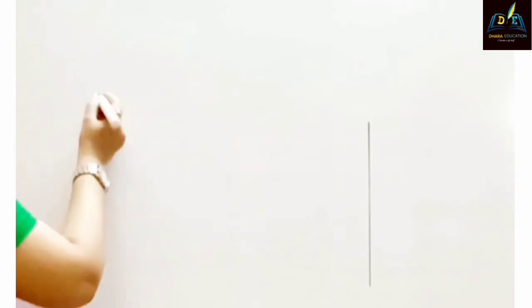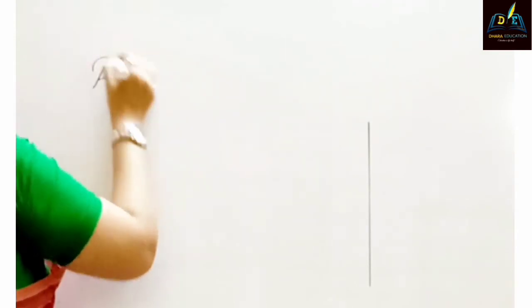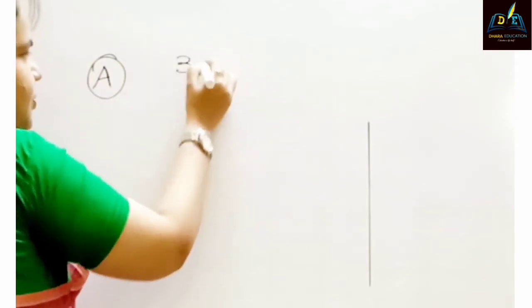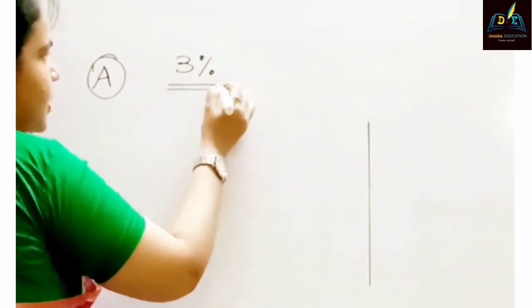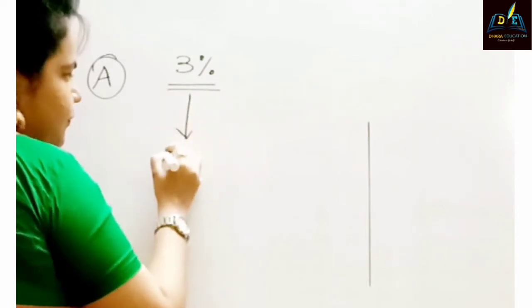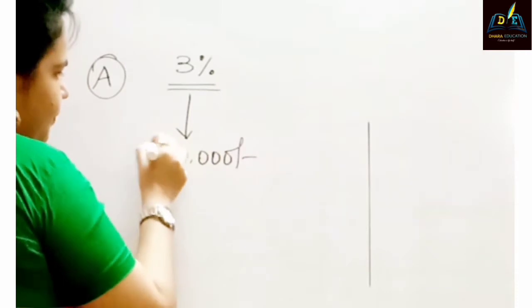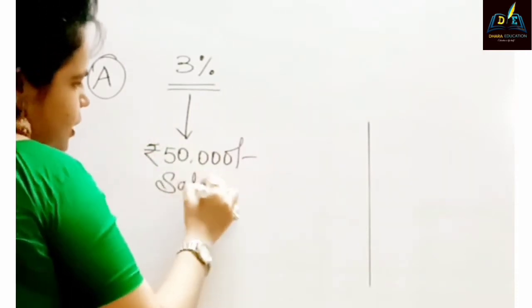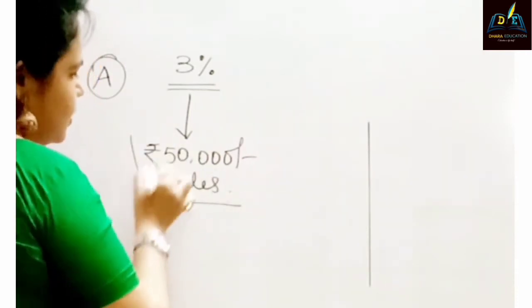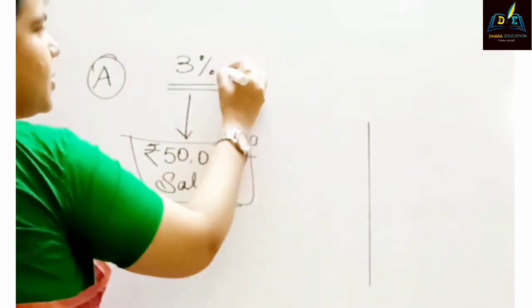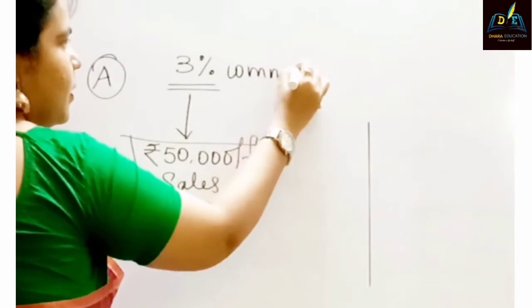Now students, Mr. A is the salesman. He is going to get 3% commission till 50,000 of sales. If he does sales till 50,000, he gets 3% commission.